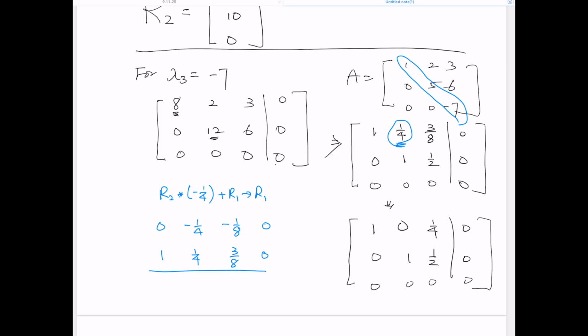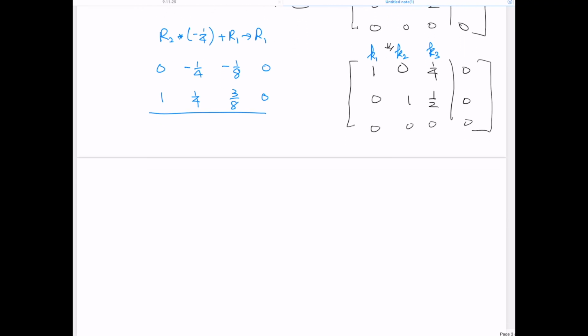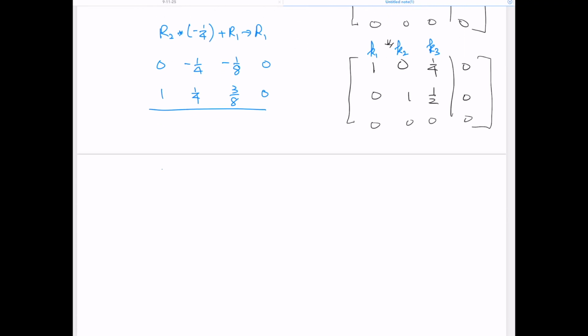Since we don't have 1 in third row, third column, we have to use these. Now K1, K2, lowercase k3. From the first equation, we say K1 times 1, which is K1. K2 times 0 is 0, plus 1 over 4 K3 equals 0.